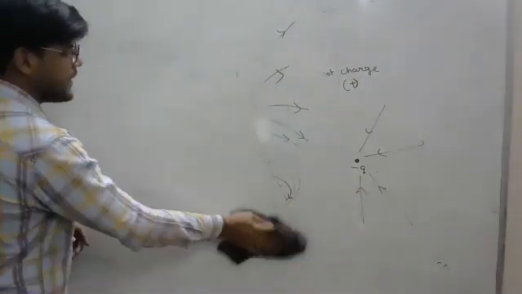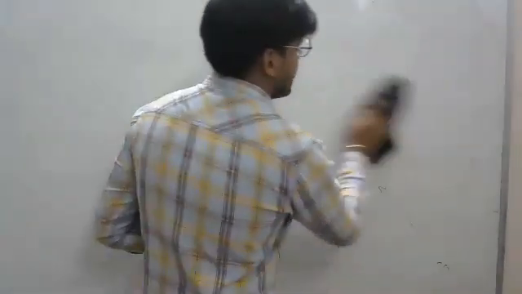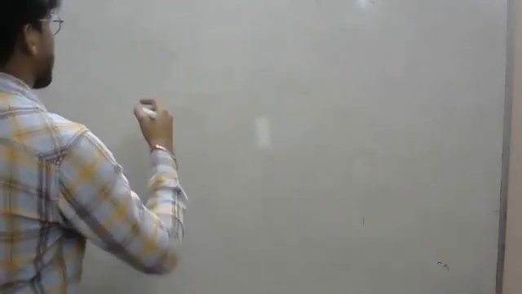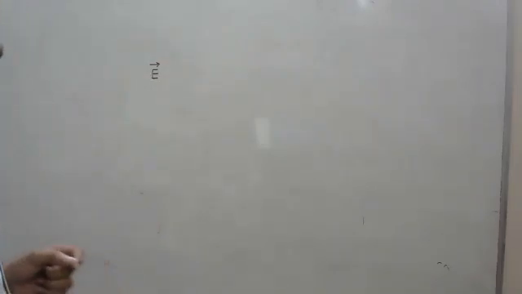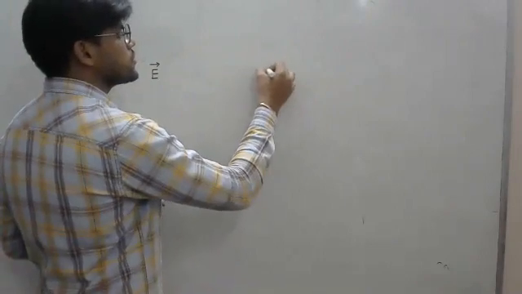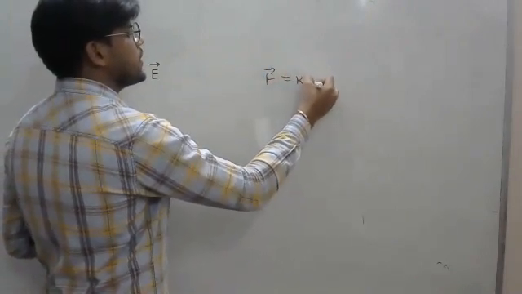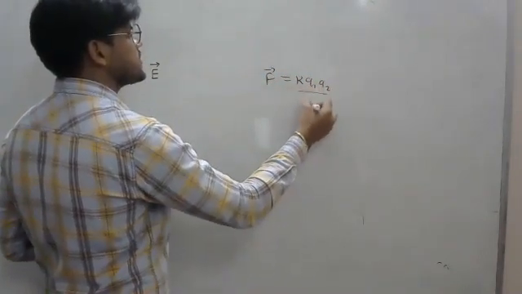Now, how to find the electric field? What will be its unit? What will be its formula? I'll give you a brief today. So, electric field is nothing but, when you are having a force, the Coulomb force formula is K Q1 Q2 upon distance square.